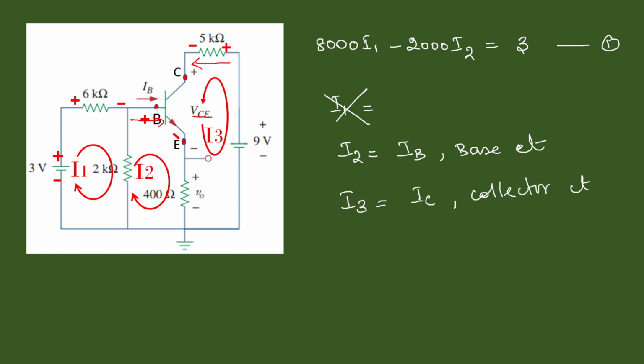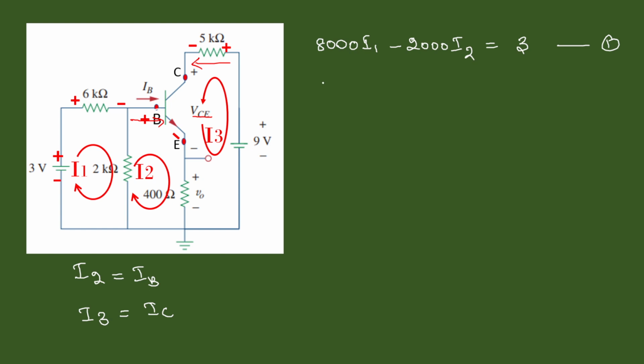So in our equations, wherever we come across this I2 or I3, it should be replaced by IB and IC respectively. Okay, so now we'll see our first equation. It is 8000 I1 minus 2000 IB, that is equal to 3. This is our first equation.